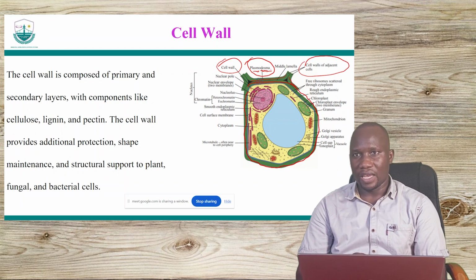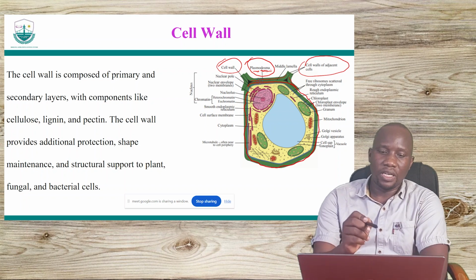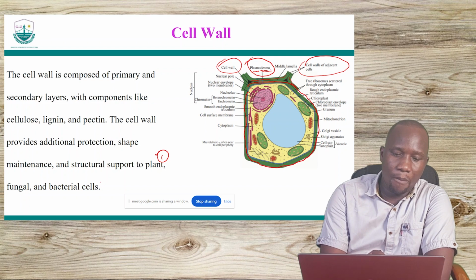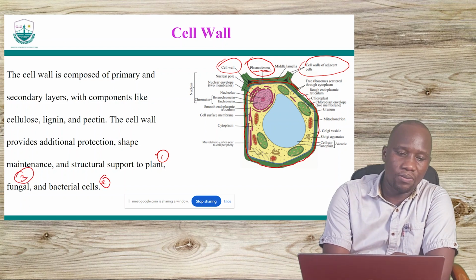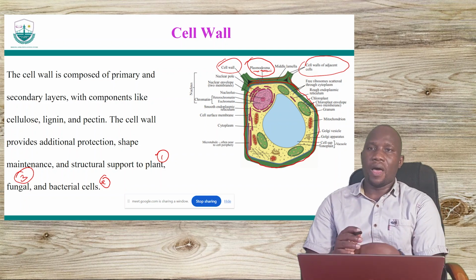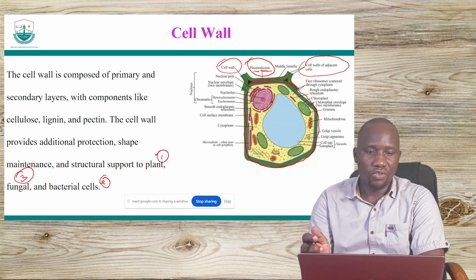Okay, like I said earlier on, the cell wall is found in plant cells, bacterial cells, and also fungal cells. So that means animal cells do not contain the cell wall. That's something that we need to note there.